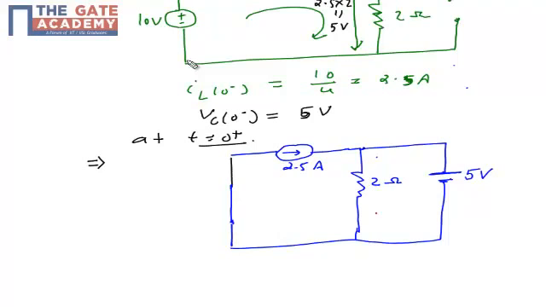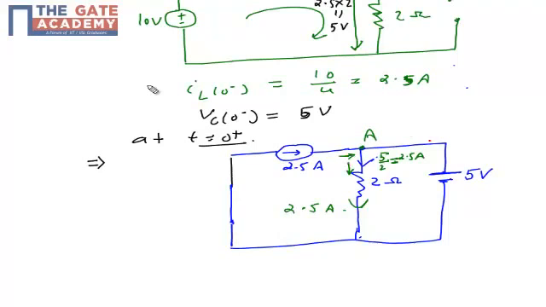So voltage across this 2 ohm resistor will be 5 volt, and current across it will be 5 volt divided by 2 ohm, which is 2.5 ampere, because current I is nothing but V by R. If you look at node A, the incoming current is 2.5 ampere and the outgoing current is 2.5 ampere.